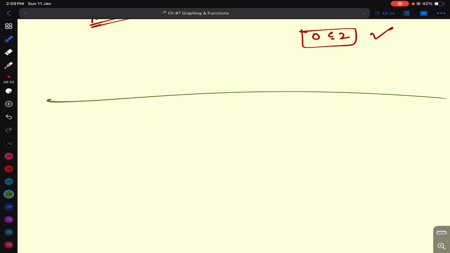Okay, we have also studied how to figure out which area, whether it's left or right. So we choose a random point, try to substitute in the inequality, and whichever one satisfies becomes the area that we are intending to find out.